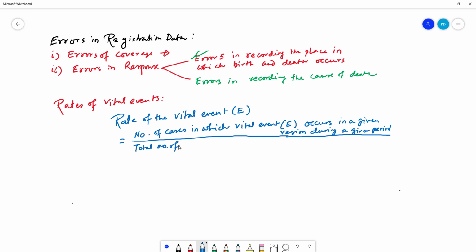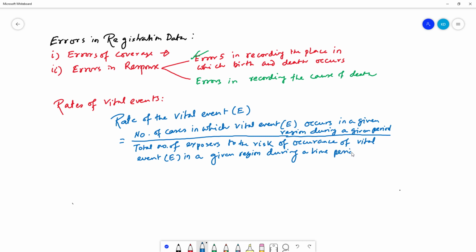total number of exposures to the risks of occurrence of vital event E in a given region during a time period, into K. Generally, K is a constant.